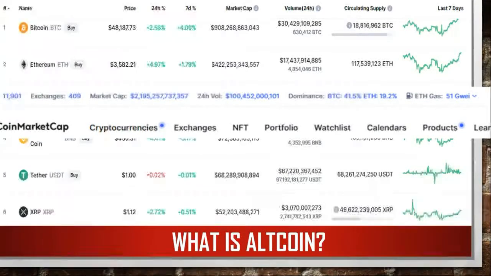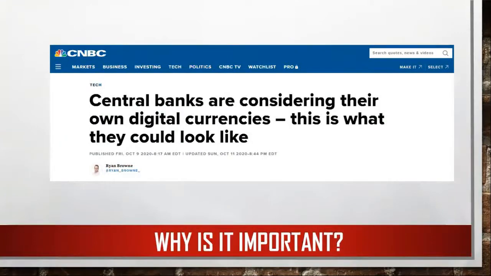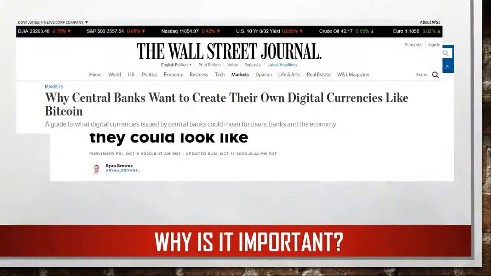Now look at the market capitalization. We're going to look at that in a minute. Now, why is all of this important? It's important because central banks are considering their own digital currency and they want it to look like Bitcoin.